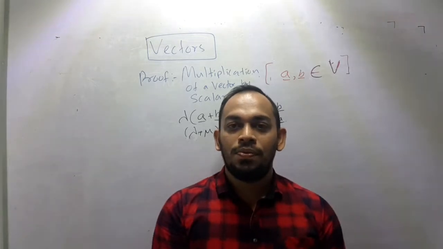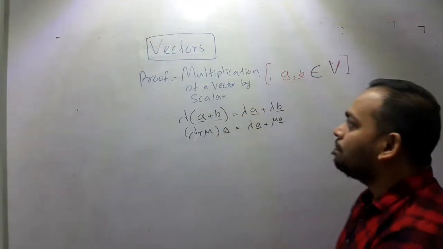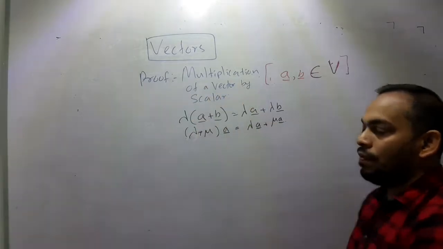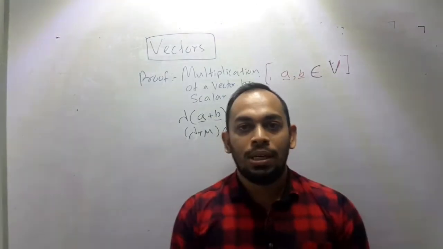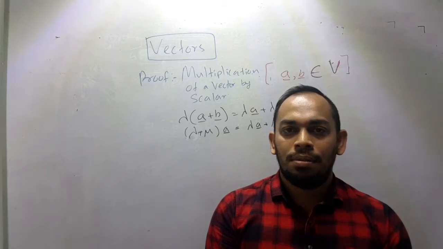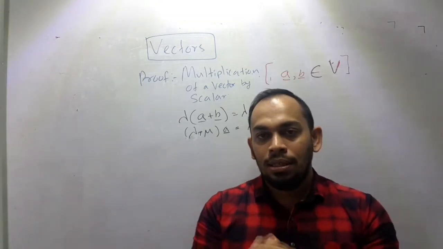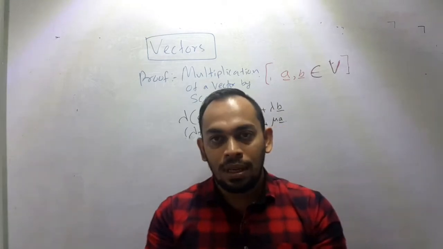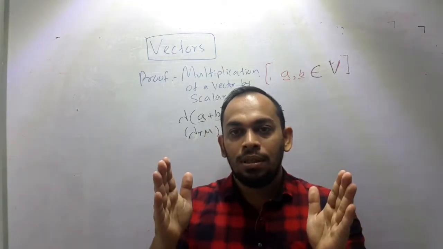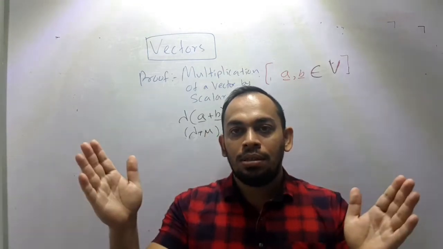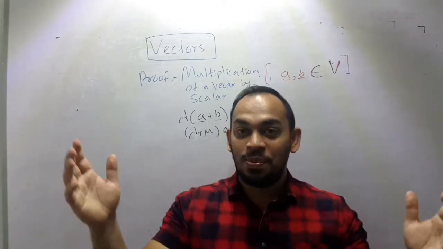Hello guys, in the previous video we learned about the multiplication of a vector by a scalar. So you know what a scalar is. It's just a number. When a number multiplies a vector, depending on the sign of that scalar, the vector will either contract or expand, right?